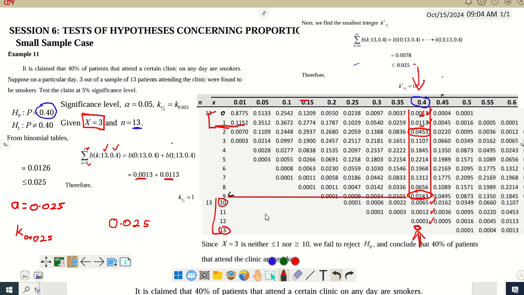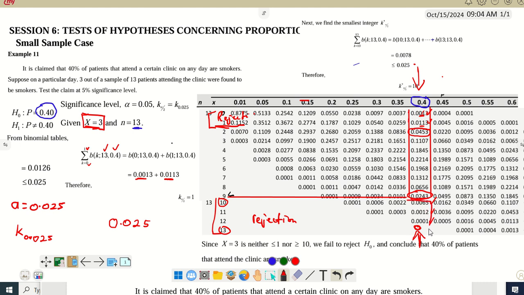So these are the rejection region, this and this. If 3 was to be somewhere here or here, then we would have to reject. But you can see that 3 is in between, so 3 is not in the critical regions.